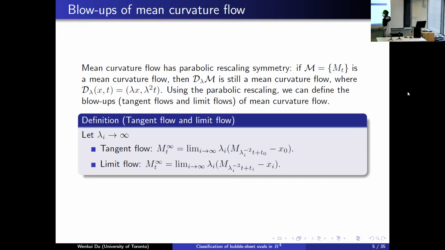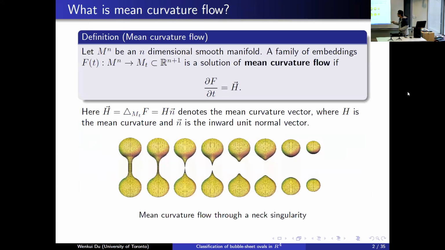The reason we do the parabolic rescaling is because of the symmetry. Because if you parabolically dilate a mean curvature flow, it's still a mean curvature flow, so it doesn't change the equation. So you can zoom in and see the picture, like in the first picture here. If you zoom in and do the dilation at this point, then you will see an R factor times a cylinder, just the cylinder. Is this clear? Okay.